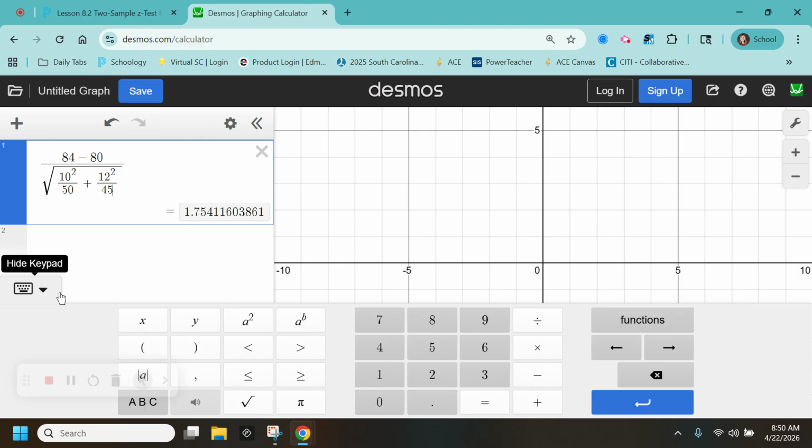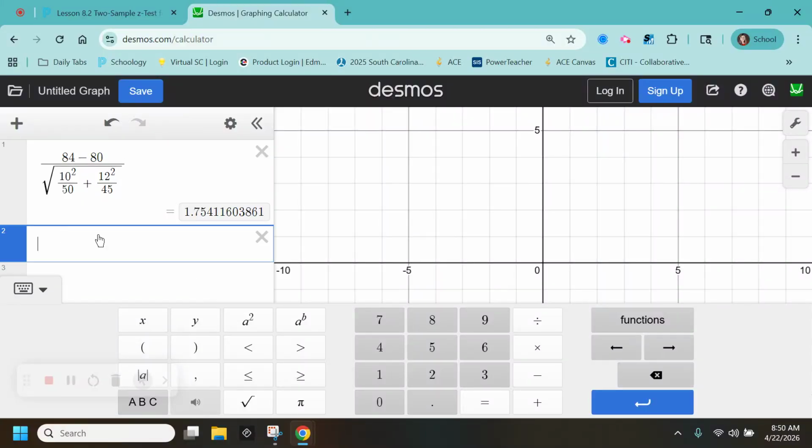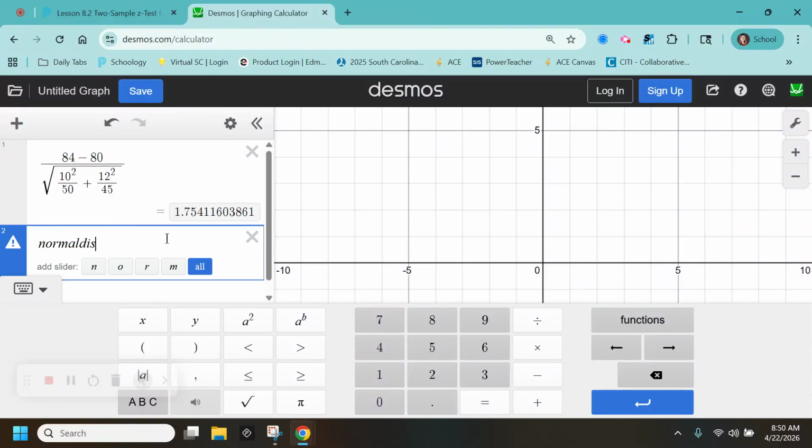And then to just take this further and see the probability of this happening. So z-scores fall under that normal standard distribution. We're not going to use an actual z-test for this. We're going to use normal distribution.